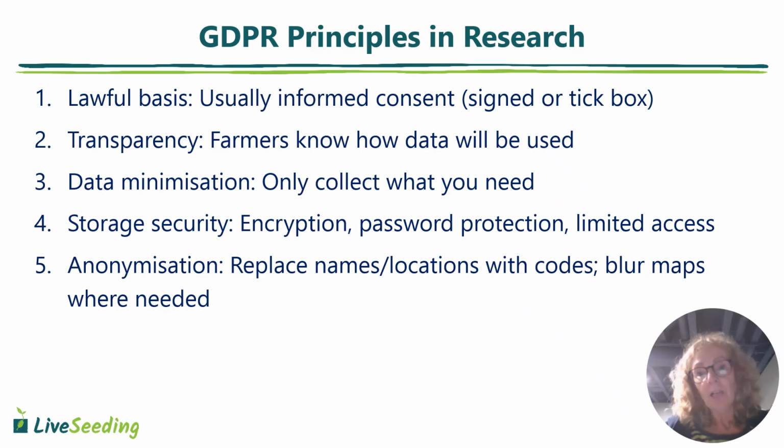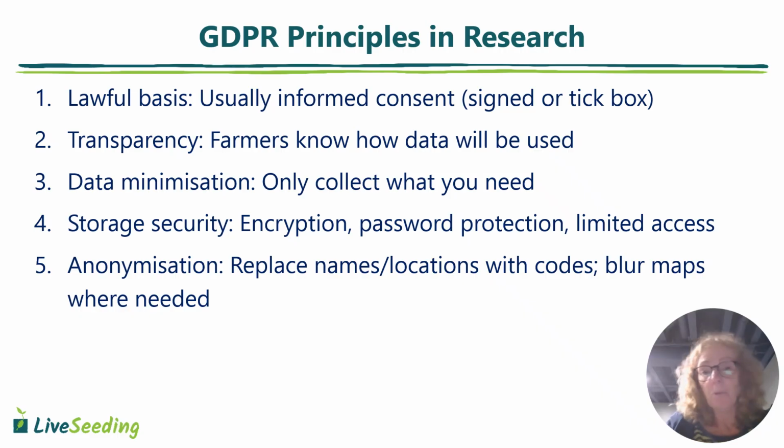So definitely when you get to the stage of sharing the data in a repository where it's going to be publicly available, then names and locations would need to be replaced with codes. Maps maybe need to be blurred, you may need to look for less specific geographic locations if the geographic location can specifically identify the farmer.